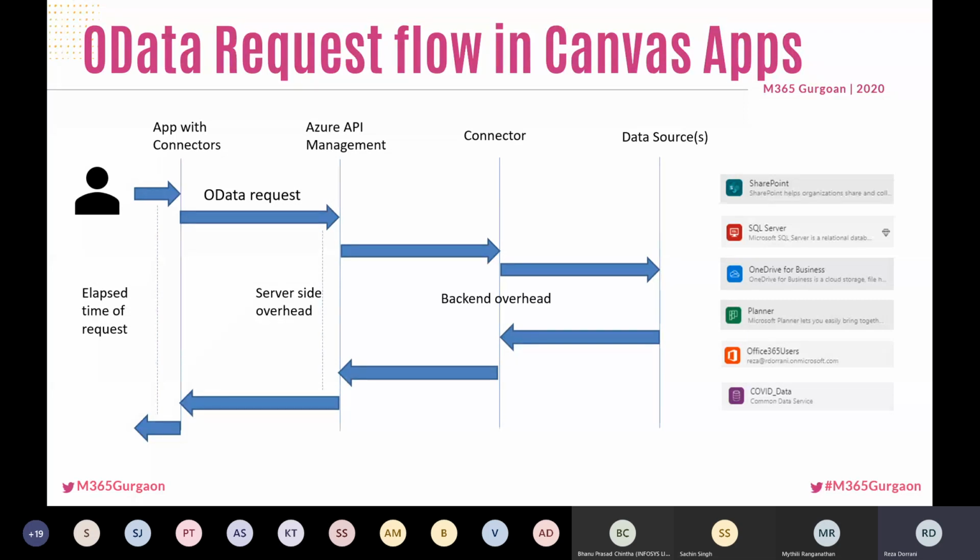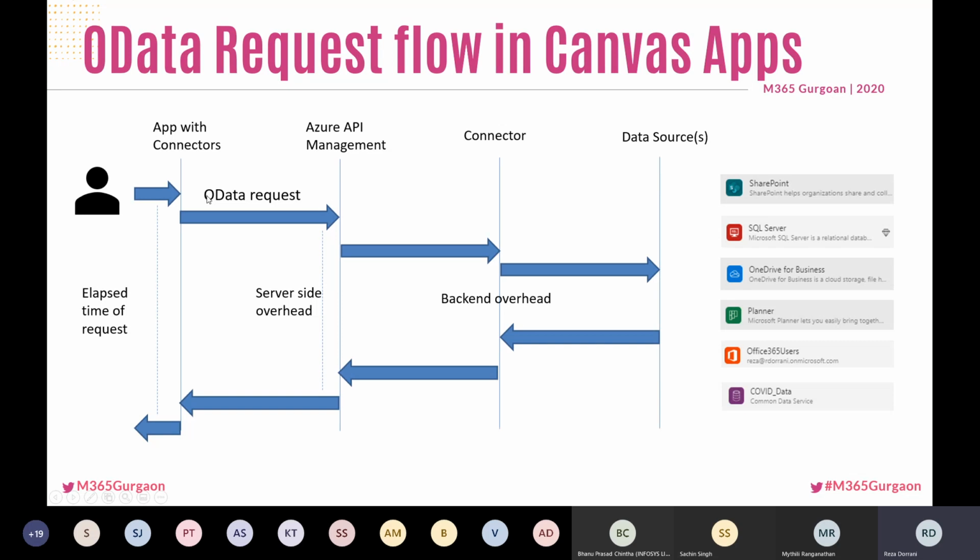Now, what's happening? When I sign into my app, and let's say my app connects to SharePoint, I'm going to use SharePoint purely because my demos today are around SharePoint, but the concept that I'm going to explain is the same no matter what your data source is. So when I connect to SharePoint as a data source and I log into my application, the first thing that's going to happen is when the Power App connects to that data source, it actually makes an OData request.